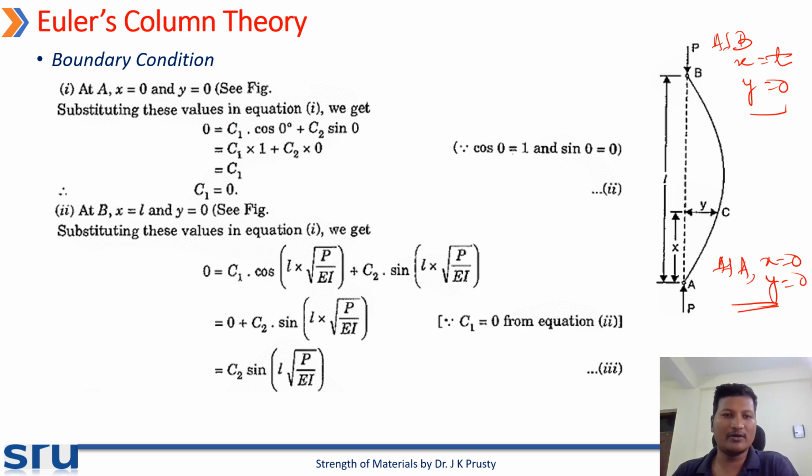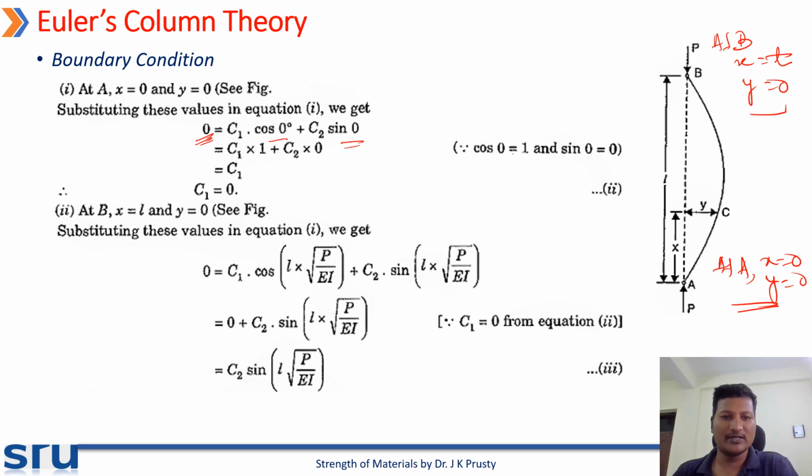Substituting in equation 1, at A, x is equal to 0 and y is equal to 0. So y is equal to 0 is C1 cos 0 into root over P by EI plus C2 sin 0 into root over P by EI. You know cos 0 is 1 and sin 0 is 0.